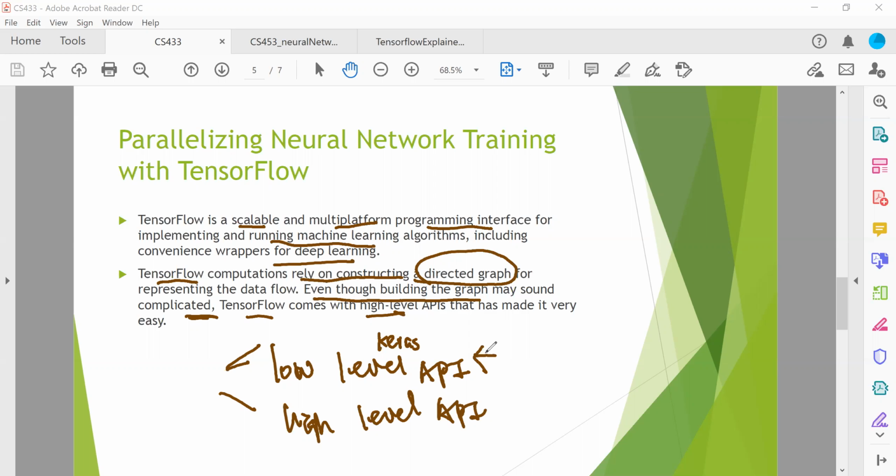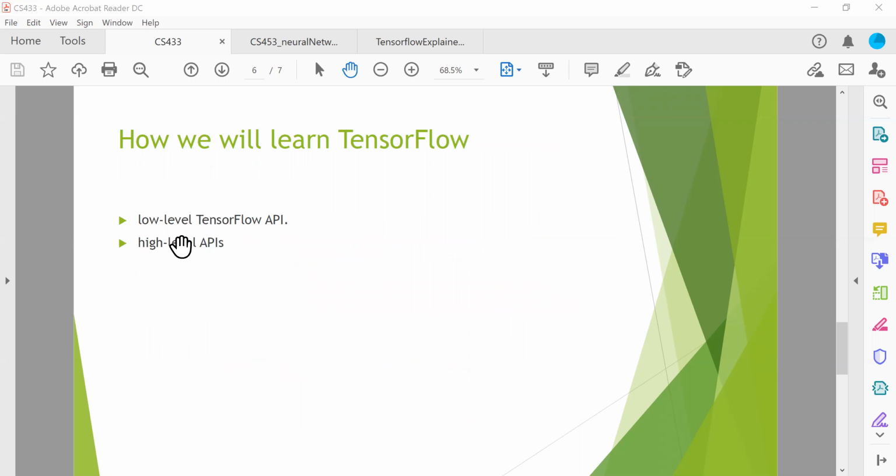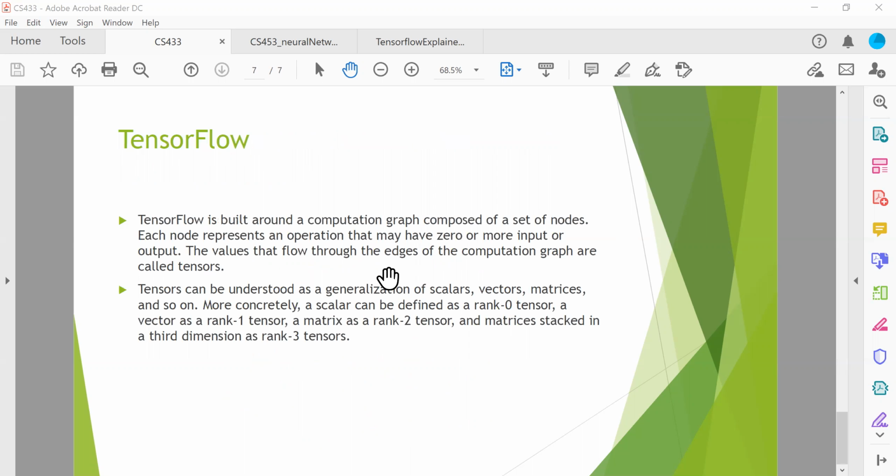With the low level, we will see it's very complicated. The good thing is that the high level is quite straightforward. Here it shows the high-level and low-level APIs.